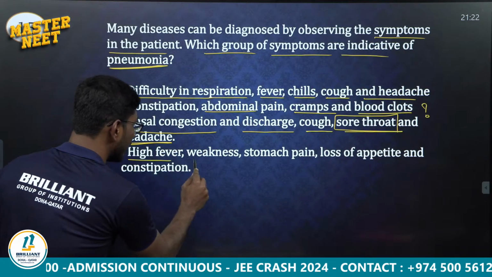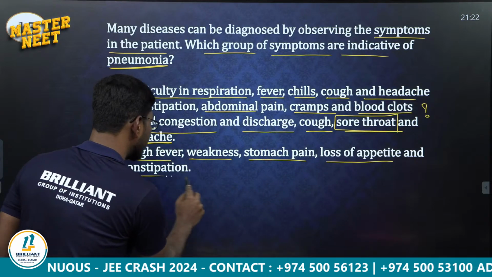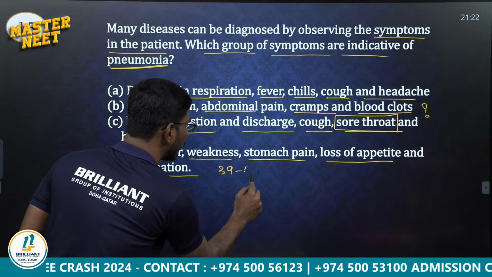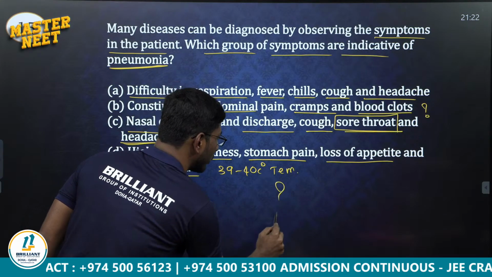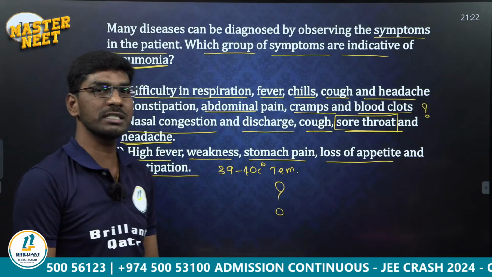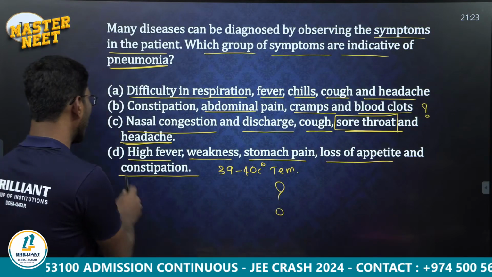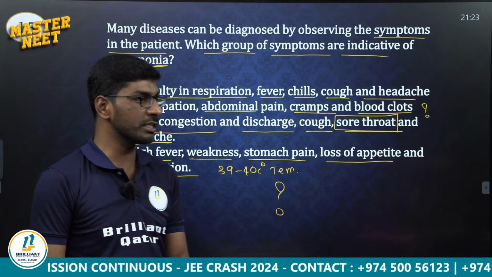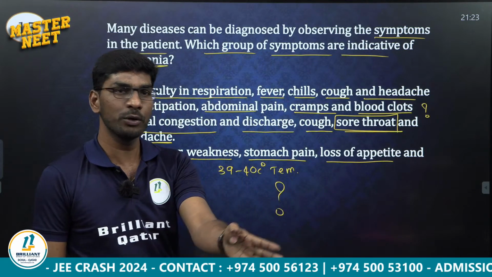Now high fever, weakness, stomach pain, loss of appetite and constipation, with 39 to 40 degrees Celsius of fever. Can anyone guess which disease this is? What kind of test will we conduct? Option D is which disease? Absolutely, Salmonella, typhoid.